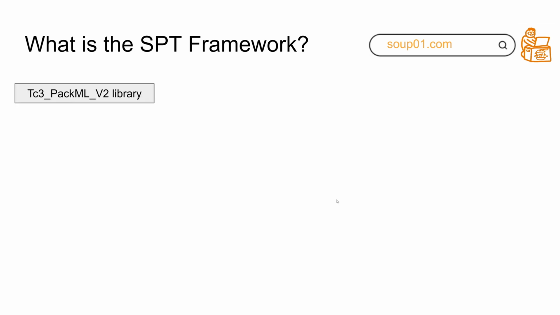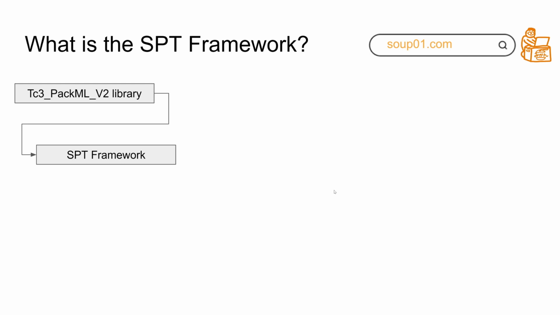Okay, so as I told you before, SPT Framework is based on the TC3_PackML_v2 library. As you can see in the flowchart here, under the TC3_PackML_v2 library, we have the SPT Framework.